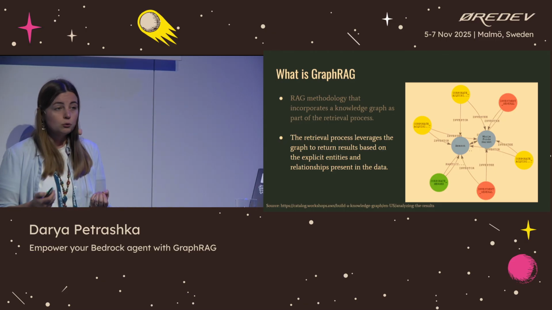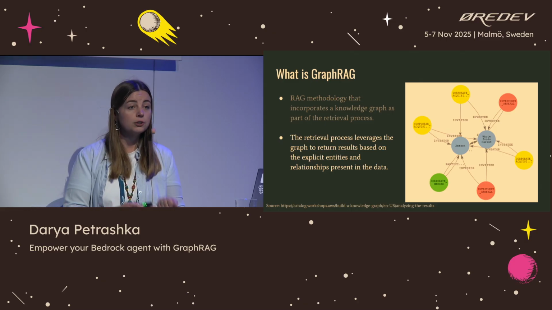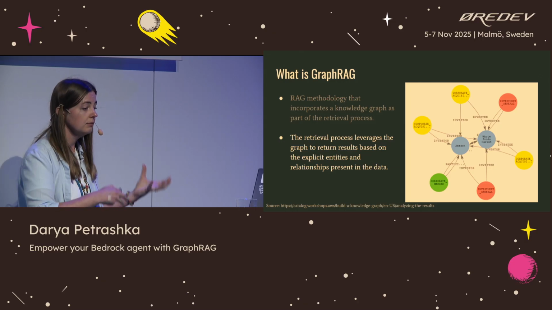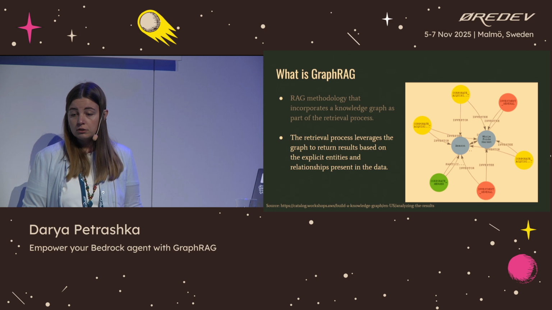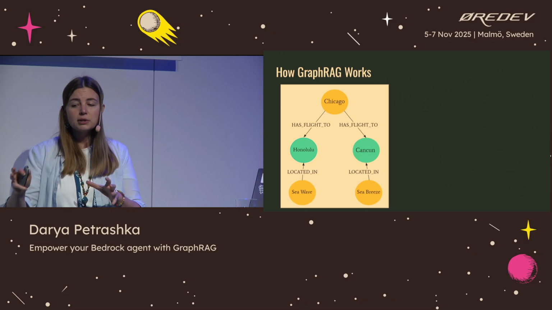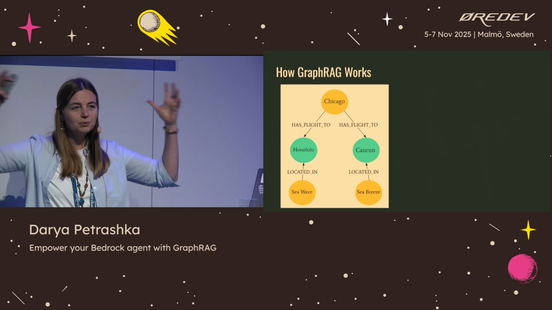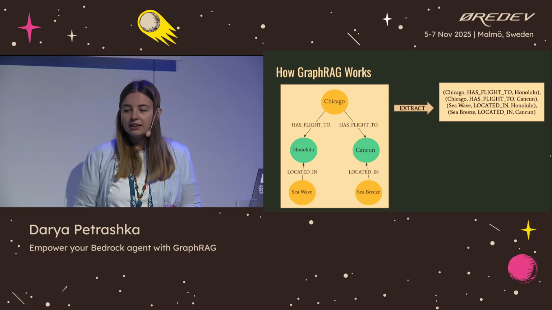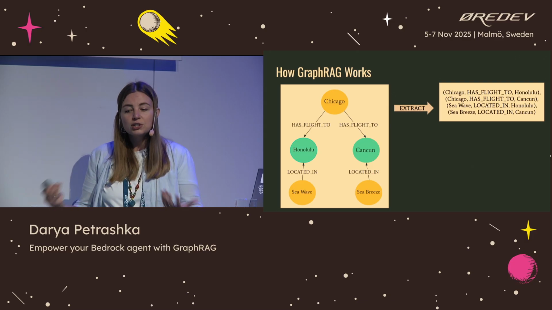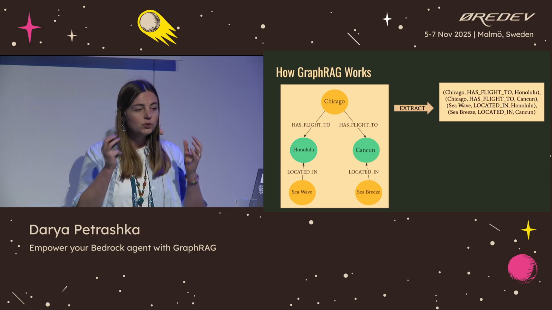So instead of querying the vector database, the retrieval process leverages the graph to return results based on the entities and their relationships that are inside our data.